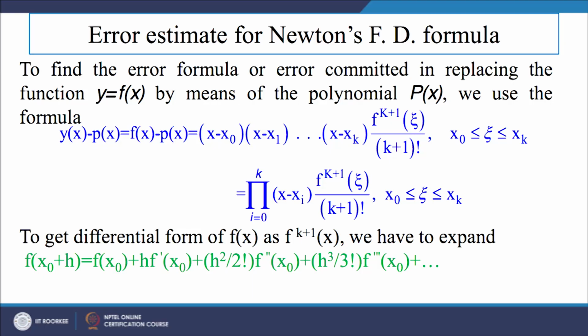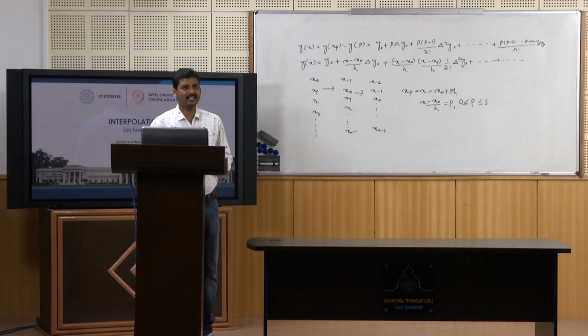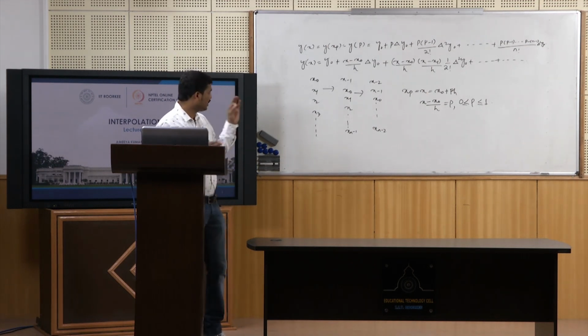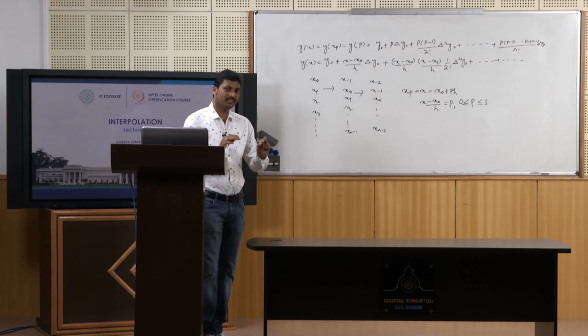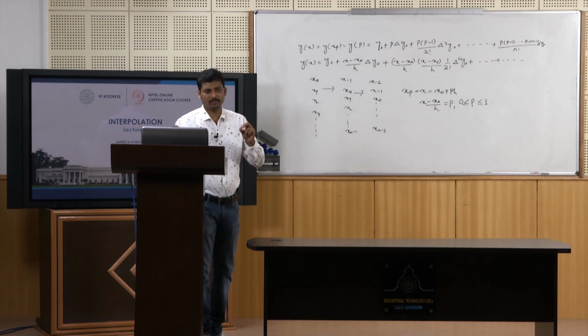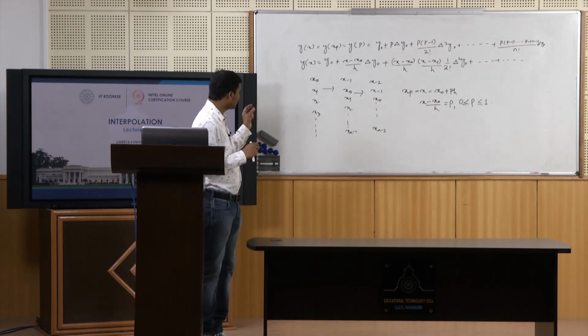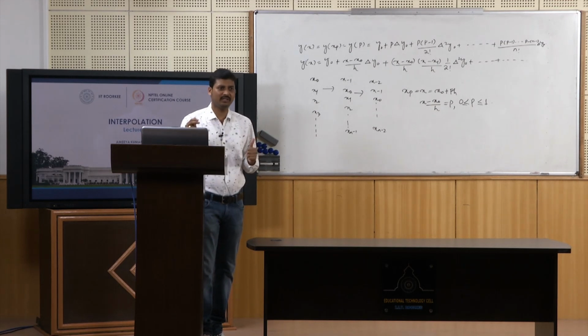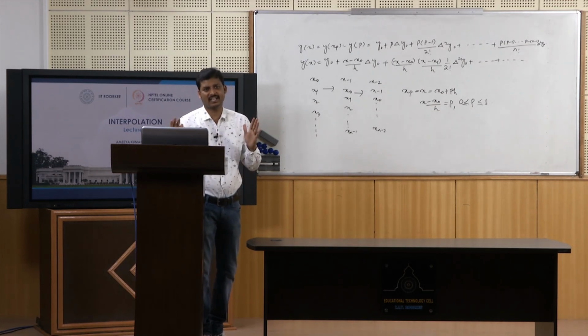To find the error formula in a combined form or in a compact form by replacing y equals f of x by means of a polynomial p of x, especially here what we are doing is, if the tabular values are known to us and the complete function is not known to us, then we are evaluating this function by considering all of these tabular points. So, if we are approximating this function with this polynomial, then the error will exist there itself.